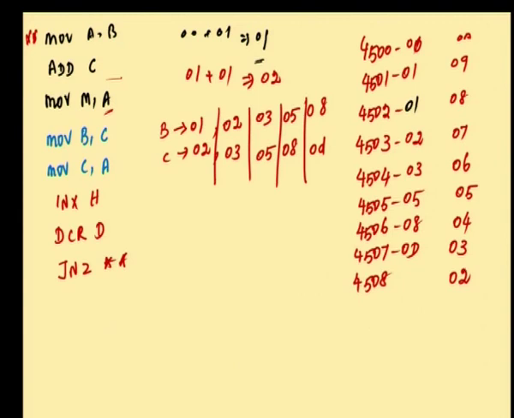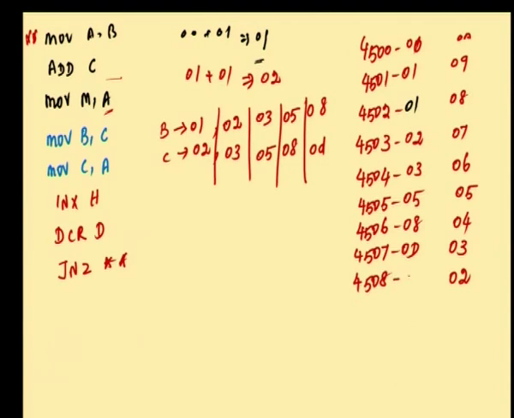So, again I have to go for the loop process for adding. 08 moves to accumulator, 08 which is in the C register is added. So, 13 plus 8 is 21, 21 equivalent in hexadecimal is 15.